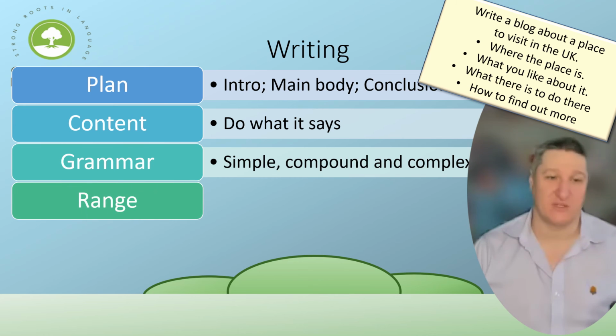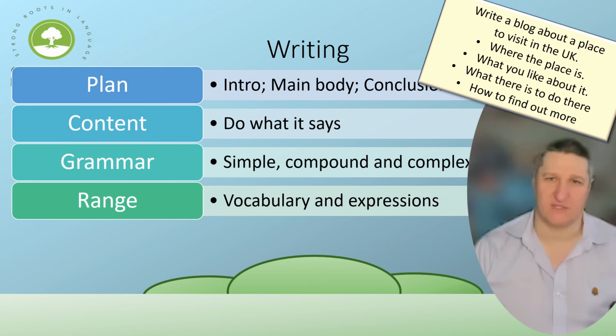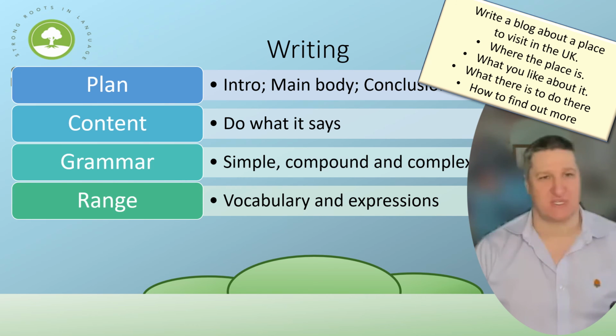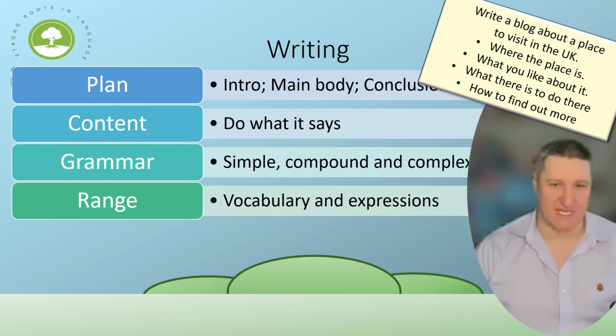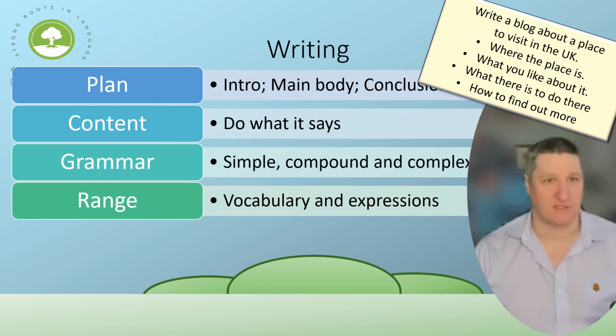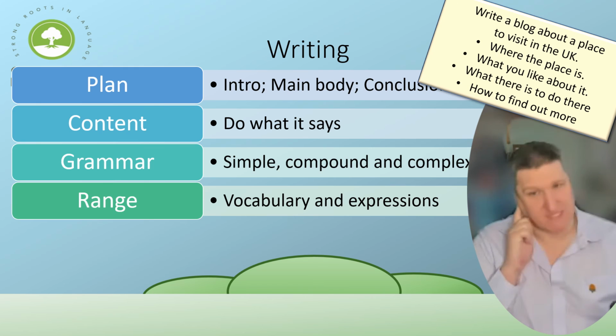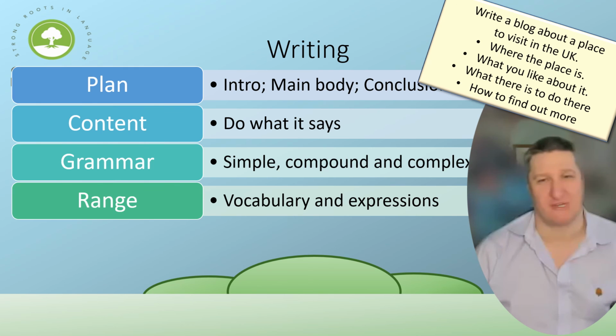So you're also marked on range. This is the range of sentence structure. Make sure you have simple, complex and compound sentences. Your range of vocabulary and your range of expressions. So you can put idioms in, phrasal verbs in, colloquialisms if it's appropriate, particularly for an informal piece of writing.